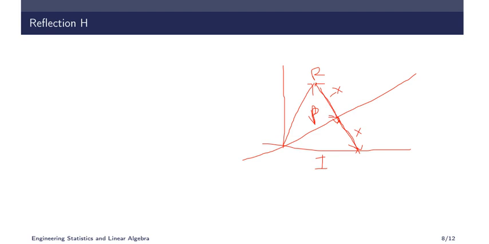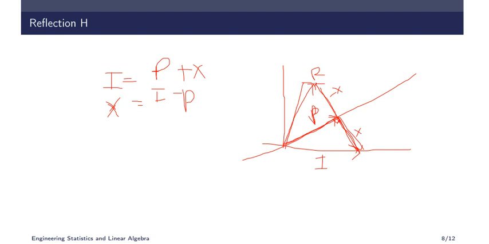I can write two vector sum equations. By the triangle law of addition, I is equal to P plus x, or x is equal to I minus P. Now I want the coordinates of vector r.